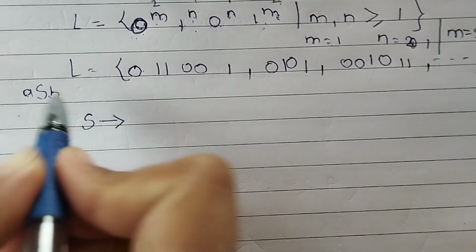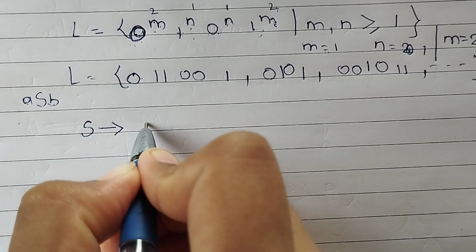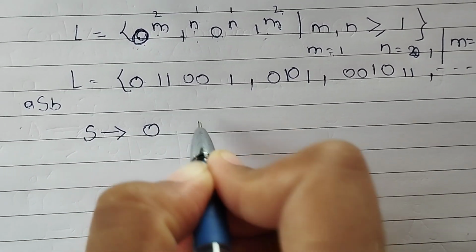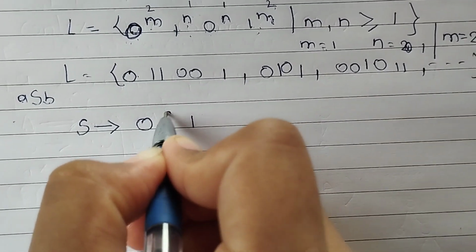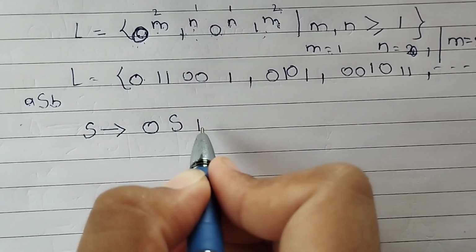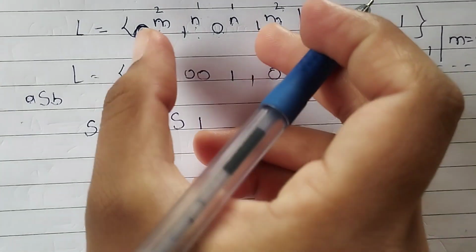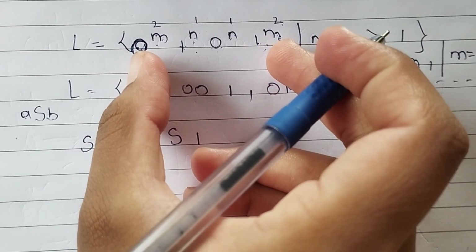So can I write it like this: 0 S 1, so that the number of 0 and 1 can be repeated. This is for the final input.